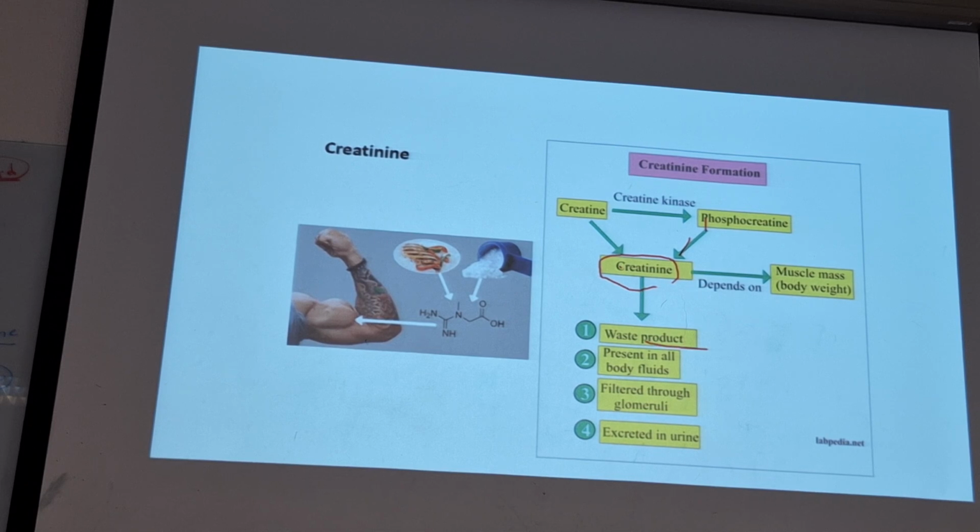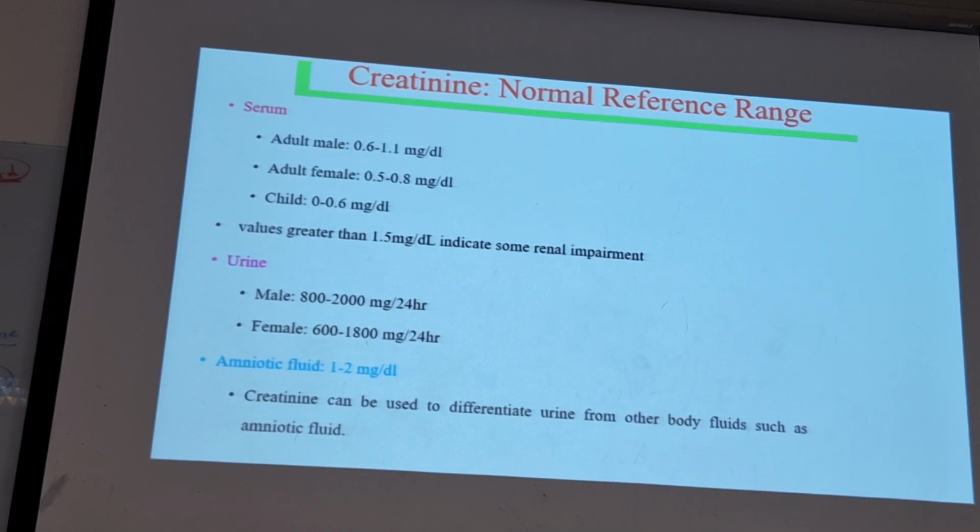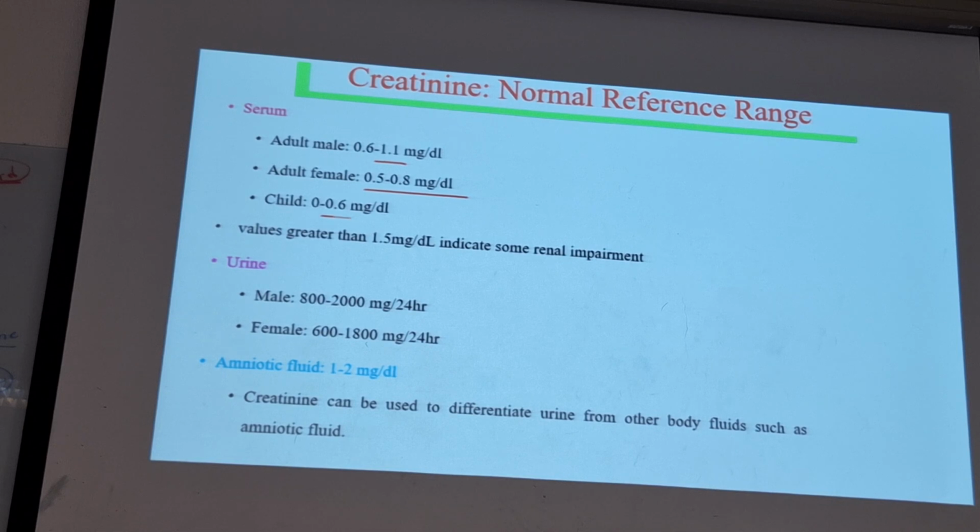It is a waste product present in all body fluids, filtered through the glomeruli and excreted in the urine. The adult serum concentration is near 1, female near 0.8, child 0.6, and a value greater than 1.5 indicates renal failure.